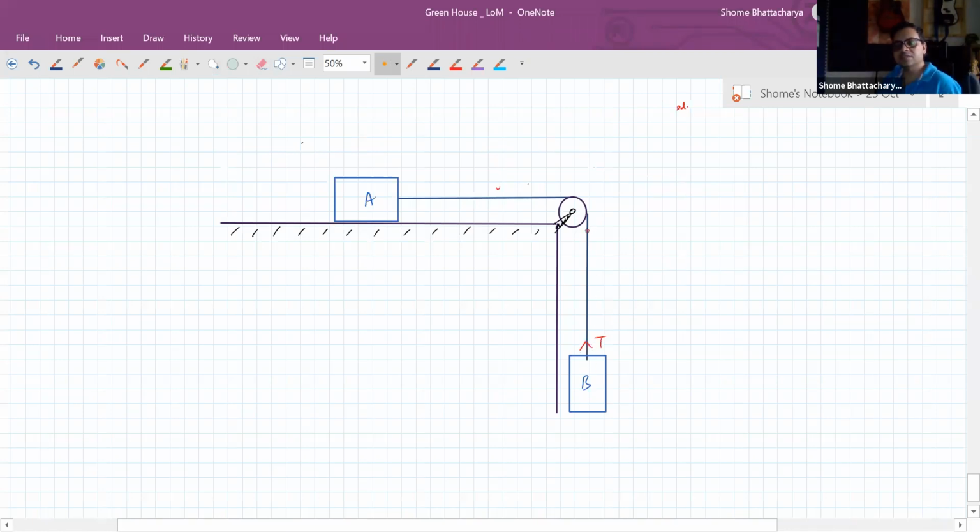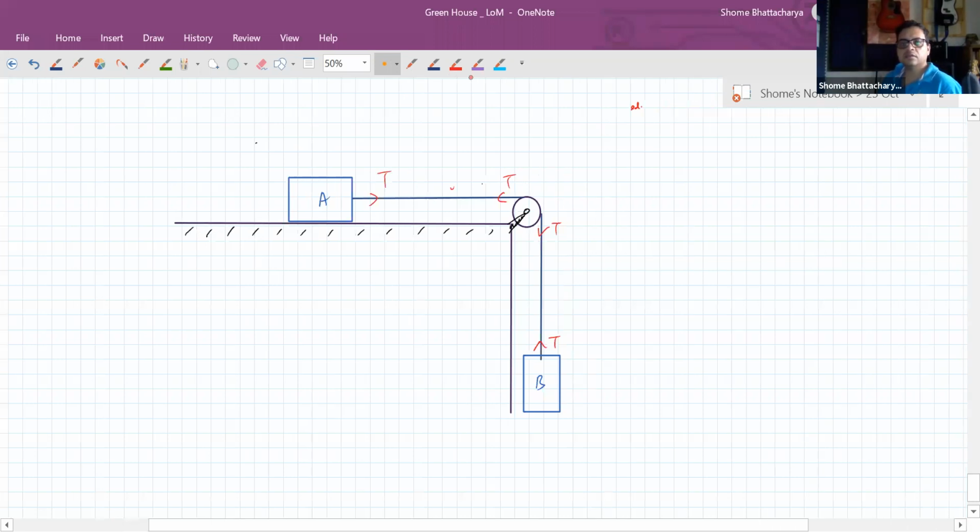So whatever tension is there at this end, the same amount of tension will act on the block A. Whatever downward acceleration this block has, this will have the same horizontal acceleration. Why?